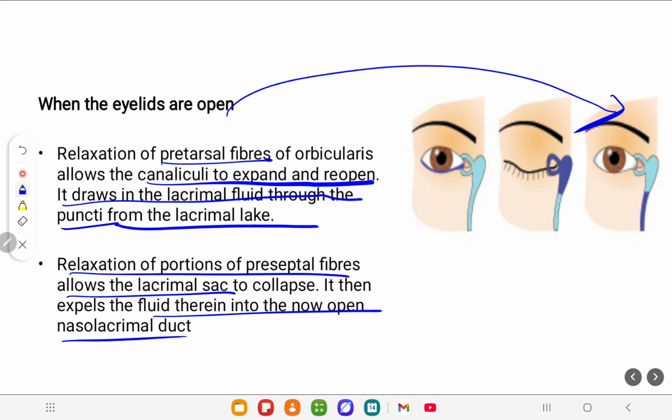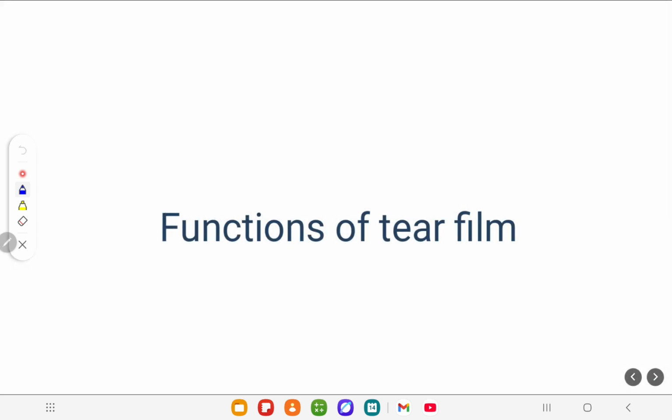So basically, in the open condition, the tear is here. Whenever I close, the sac creates negative pressure because of the relationship with the pretarsal fibers of the orbicularis, and it opens, and because of negative pressure the tear from the eyelid margin goes into the lacrimal sac. Whenever you open, the tear goes down, and from there it passes out.